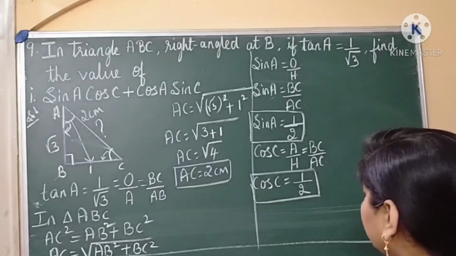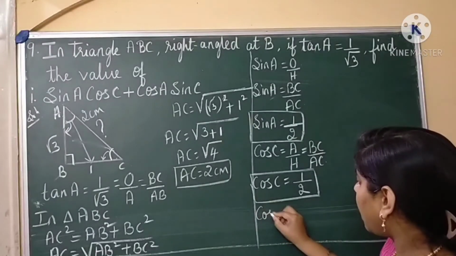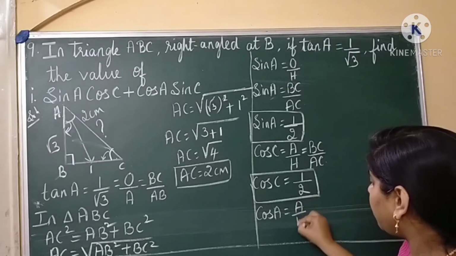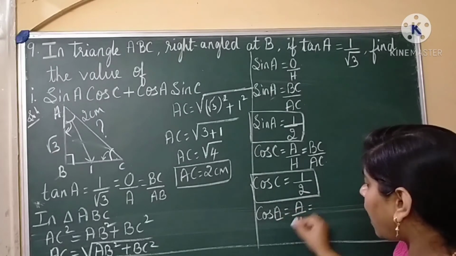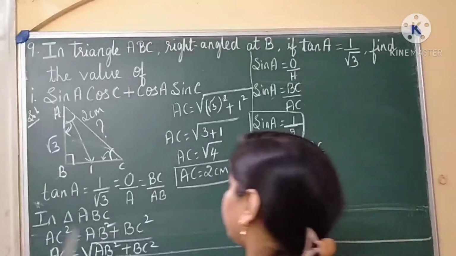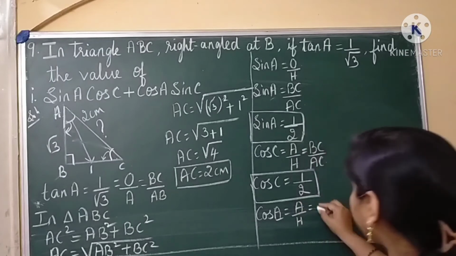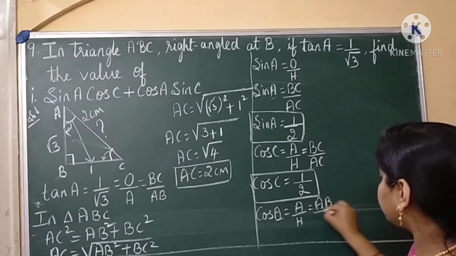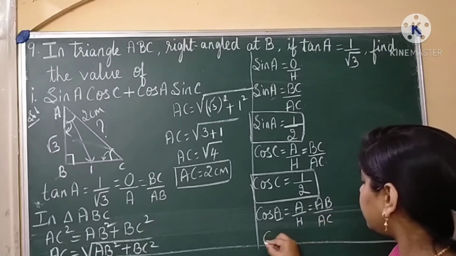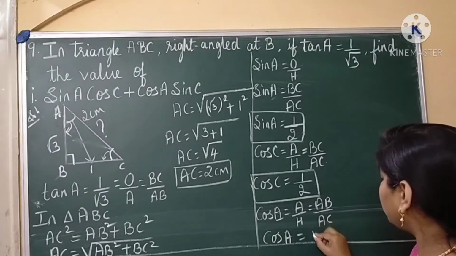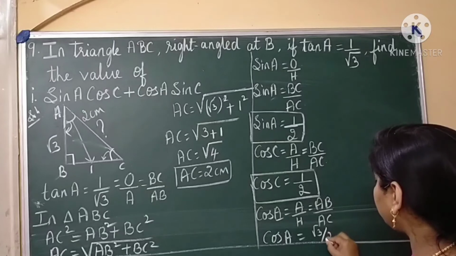Next, cos A. Again we know cos is adjacent by hypotenuse. With respect to angle A, cos is AB by AC, that is adjacent side AB by AC. So cos A is nothing but AB is root 3, AC is 2.